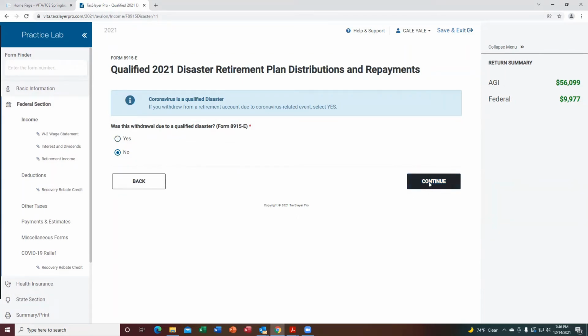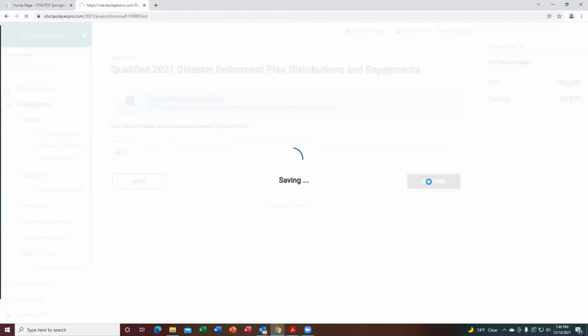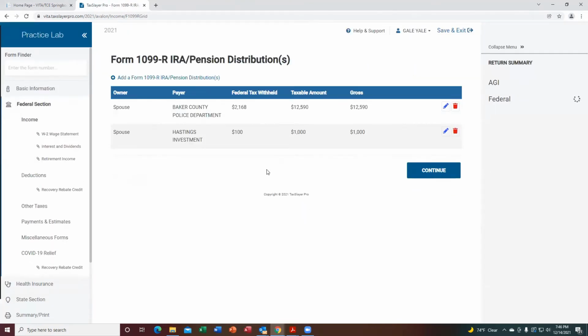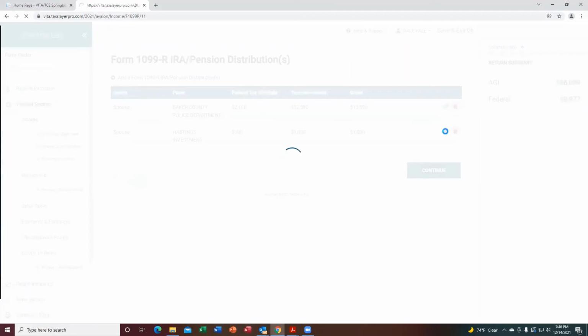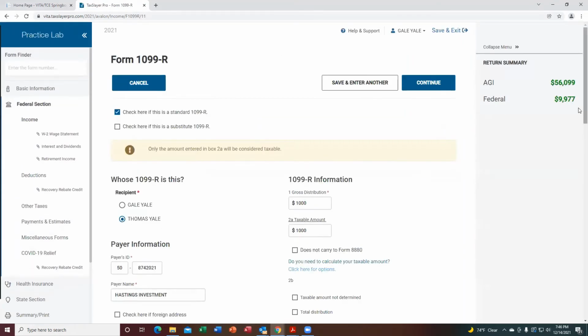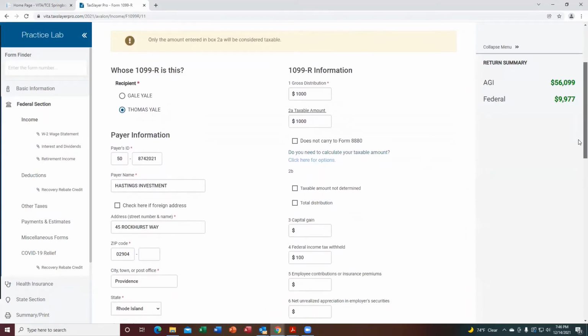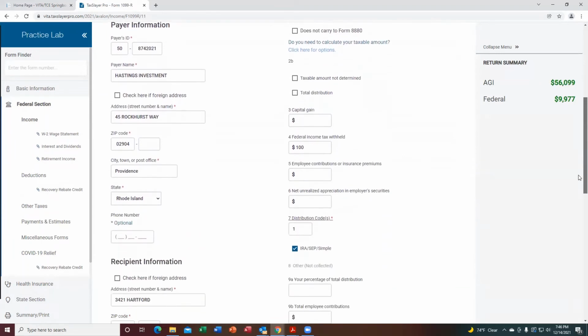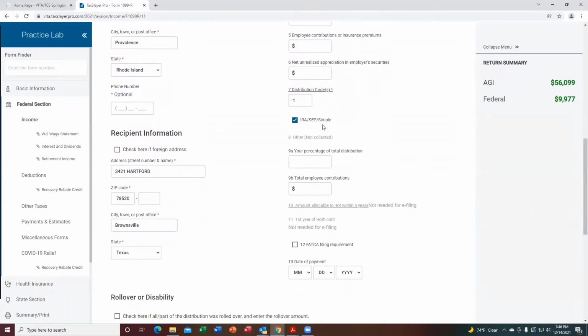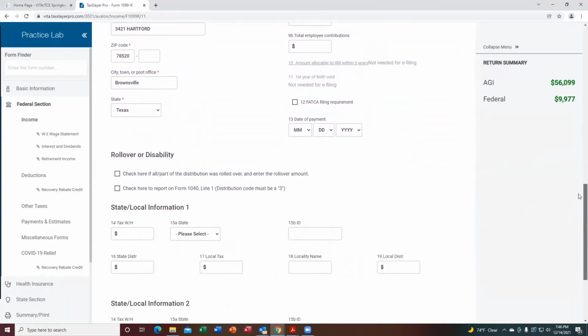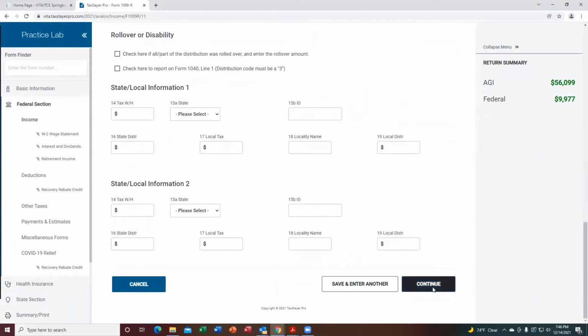So let's see. Hold on. Let me continue here. So what did you get? It's just a window. It says that your distribution code box 7 indicates reporting an early distribution. So on box 7, you put a 1? Yes. And you checked the IRA SEP simple? Yes. And that was it, and you continue?